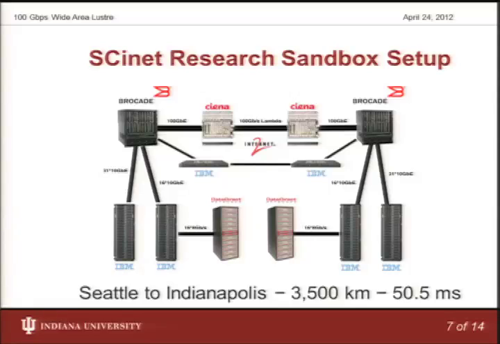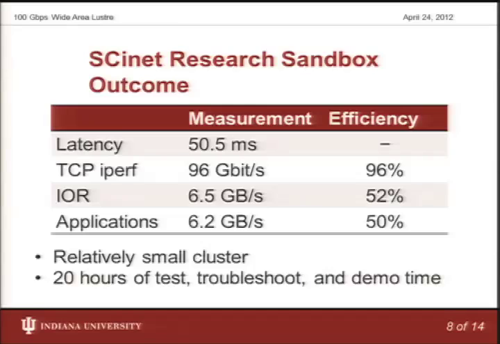We also did some OpenFlow testing, and that's what these switches represent, but I won't be really talking about that too much. The total distance was over 3,500 kilometers, and that gave us a latency of 50.5 milliseconds. So how did we do? Well, we did okay. There's always room for improvement, though.